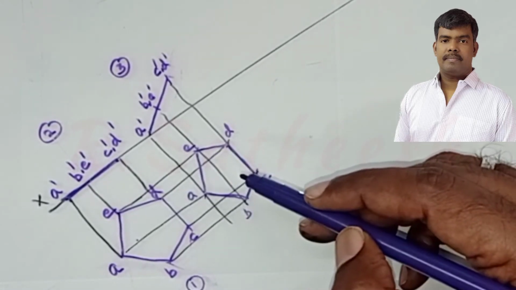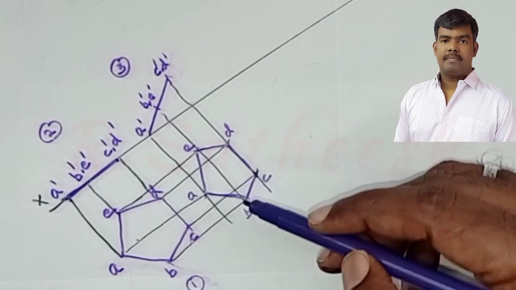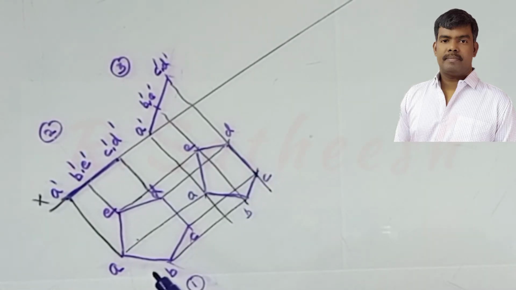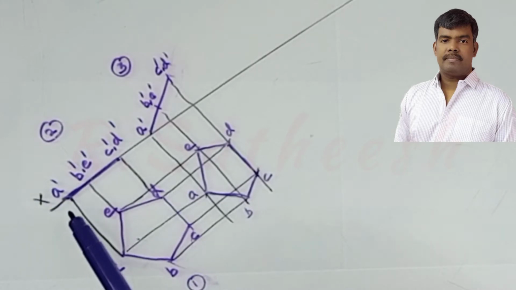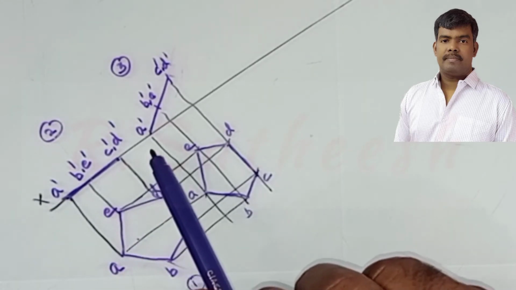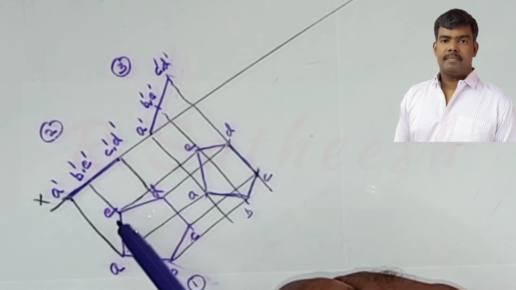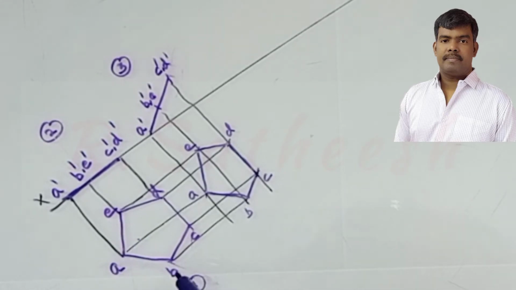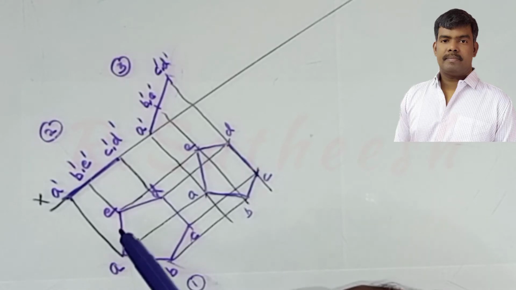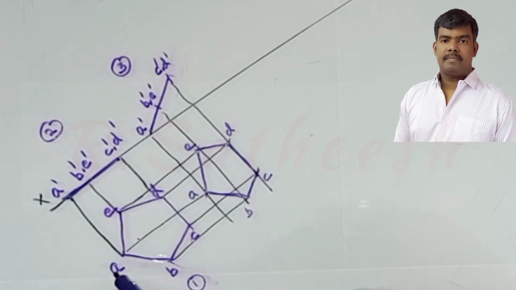In this problem, once again let us go through it. A regular pentagonal lamina of 30 mm side rests on the ground on one of its corners. Corner A is resting on the ground. Corner A contains two sides, EA and AB.